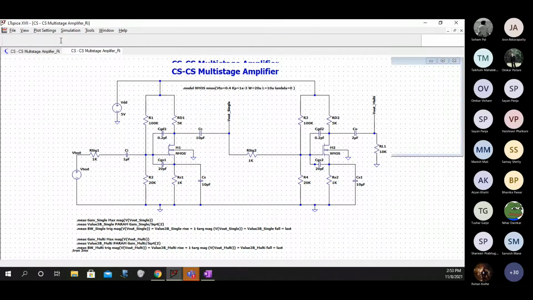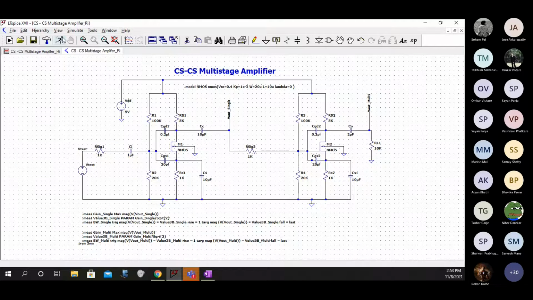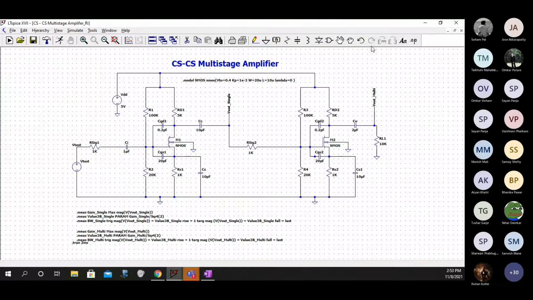Yes, we can calculate the Ri. What a .tran would not do here, so we would require a .AC.